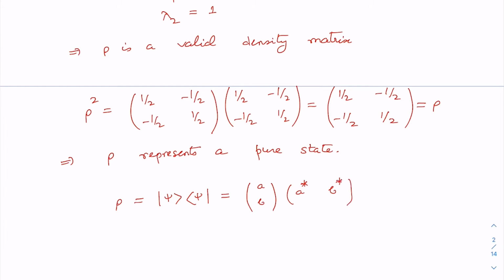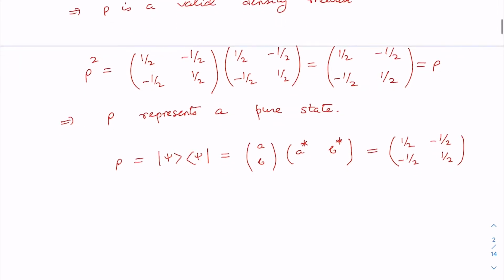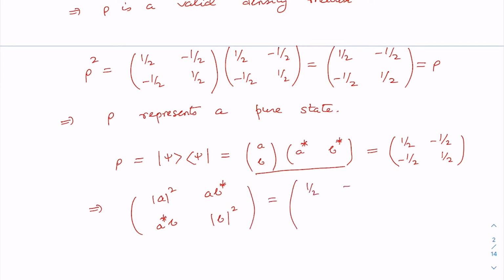And we have to equate this with rho, that is half, minus half, minus half, half. So from here we'll have mod a square, a b star, a star b, mod b square, and let me compare element by element.